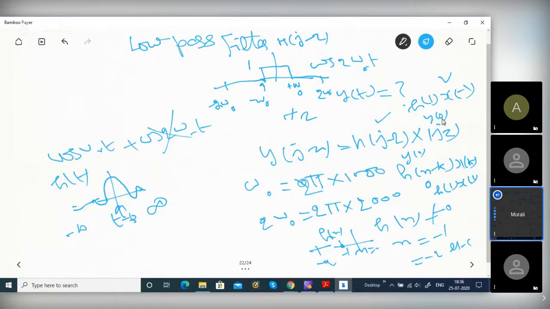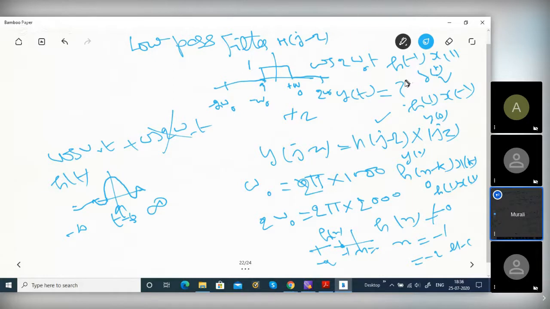Yeah, n equal to 0 you give, k equal to 1 you give. So h of -1, I'll write here, h of -1 into x of 1 actually, right? So y of 0 depends on x of 1, a future input. When is future, right? x of 0, then comes x of 1. The future input affects the present output actually, right?